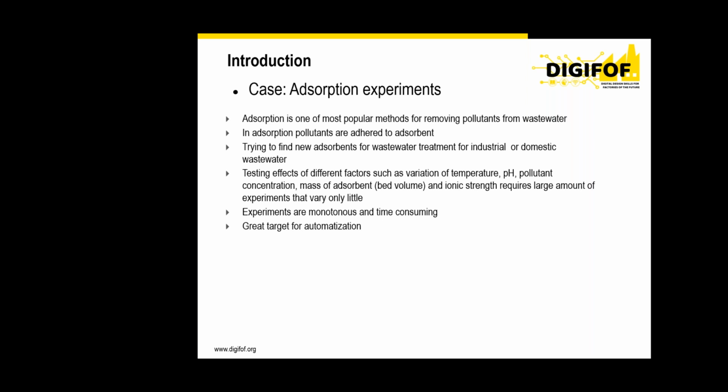Absorption is one of the most popular methods for removing pollutants from wastewater. In absorption, pollutants adhere to the absorbent, and the aim is to find new absorbents for wastewater treatment, either for industrial or domestic wastewater.